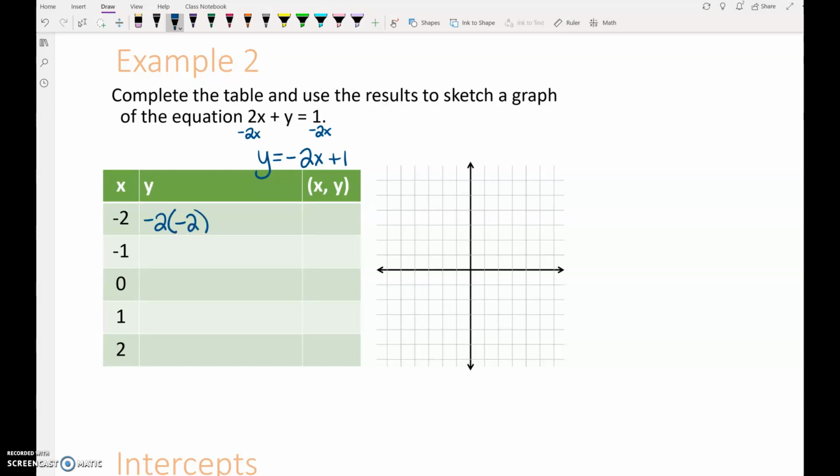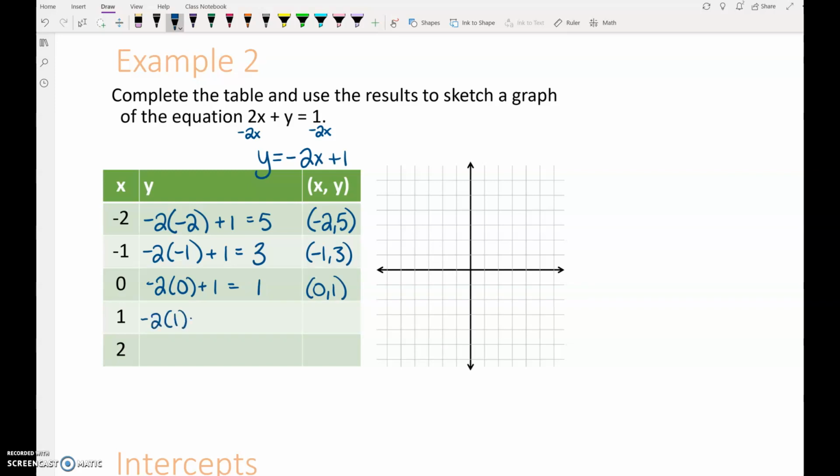-2 times -2 plus 1. That's 4 plus 1, which is 5. -2 times -1 plus 1. That's 2, 3. -2 times 0 plus 1 is 1. The next one is -1.